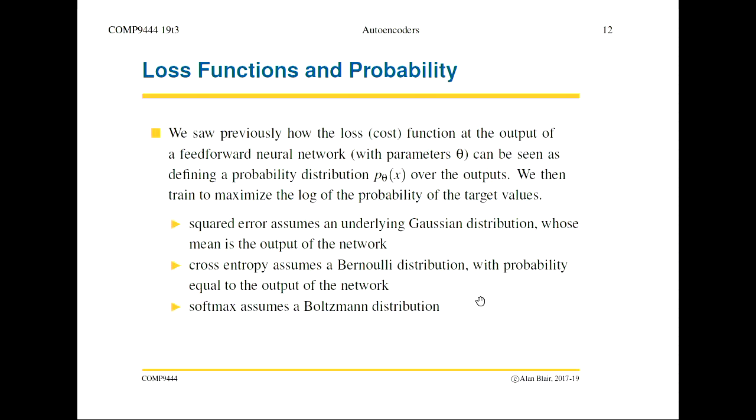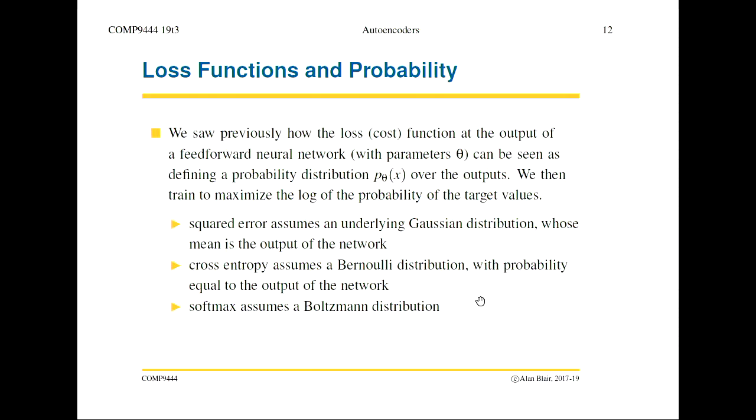And each network that we've looked at relates to a particular kind of probability distribution. So we saw how the squared error is based on the assumption of an underlying Gaussian distribution in the noise. And the cross entropy was based on what's called a Bernoulli distribution.